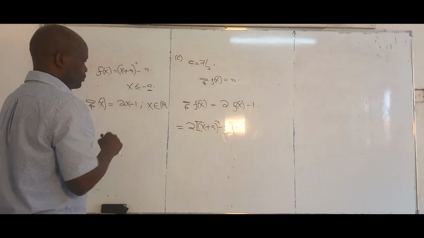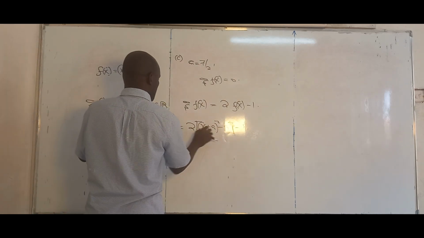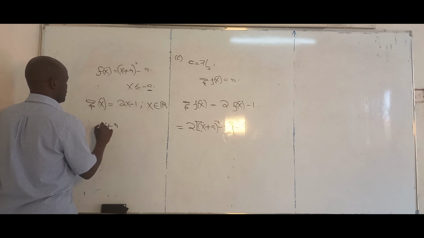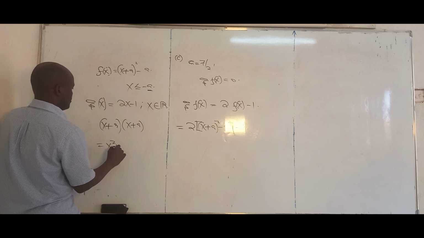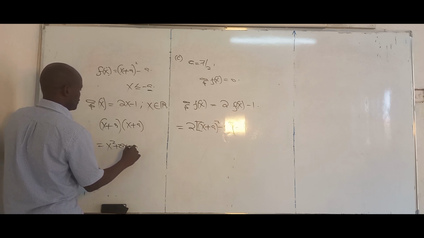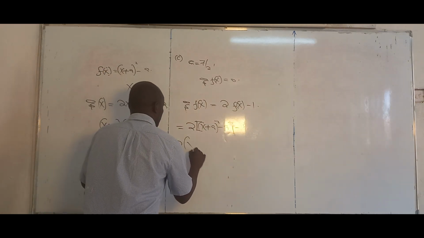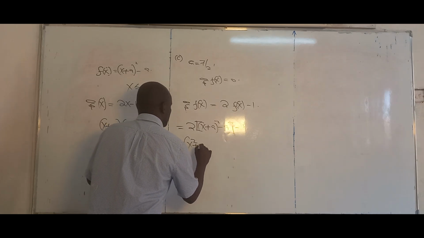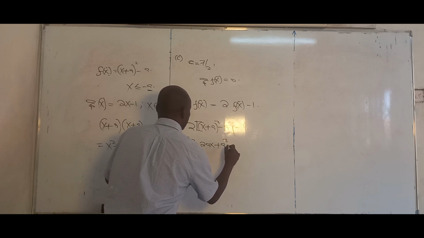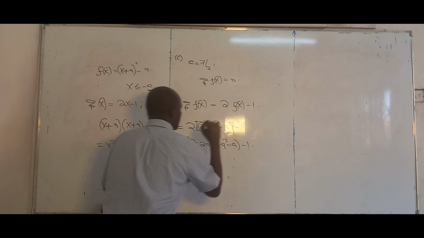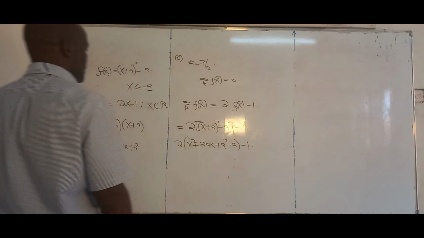I can open up the bracket, but first let me see what I have here. x plus a, this is x squared plus 2ax plus a squared. So I'm going to have here 2 into x squared plus 2ax plus a squared, minus a, minus 1.